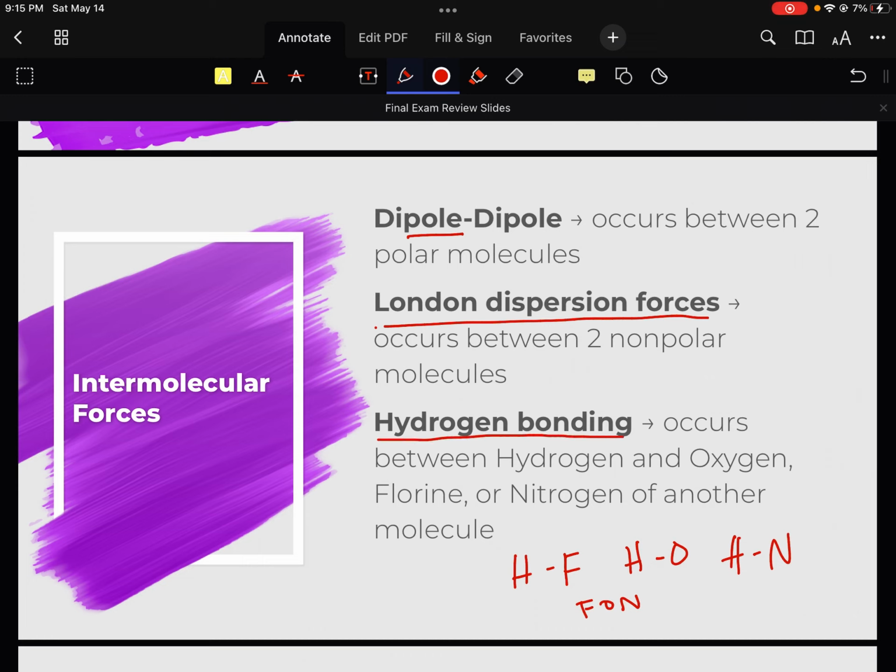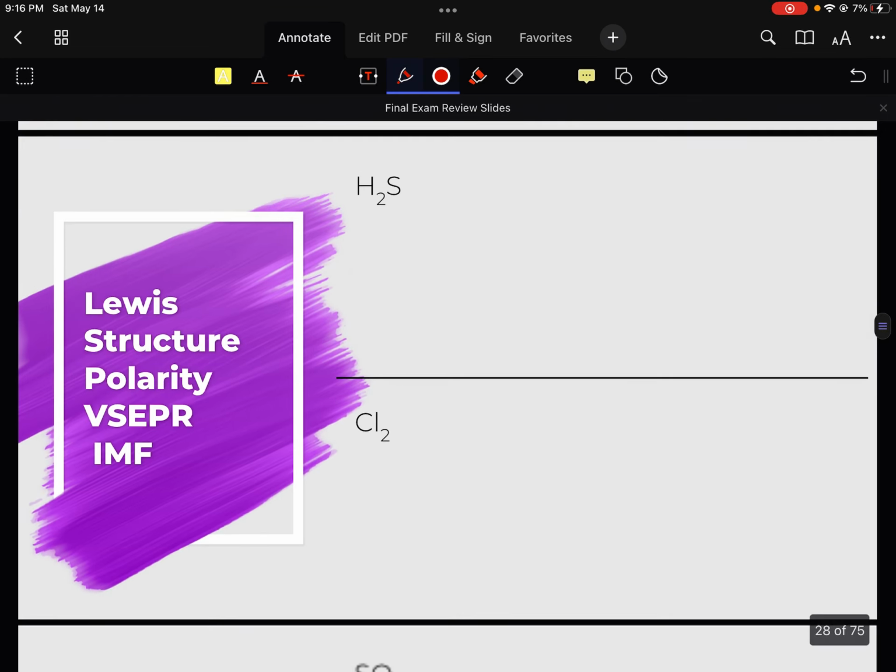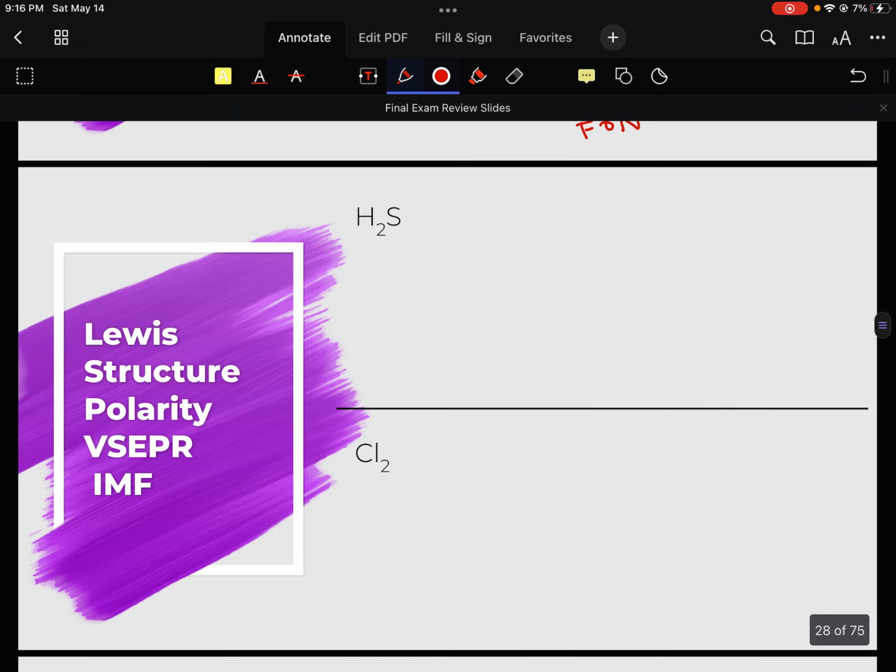This always occurs in a polar molecule. So if you ever have hydrogen bonding, that means you also have dipole-dipole because it's polar. And then everything has London dispersion forces. The trick is remembering that if you have something that's nonpolar, it can't have dipole-dipole or hydrogen bonding, so it's only London dispersion forces. So let's look at some examples.